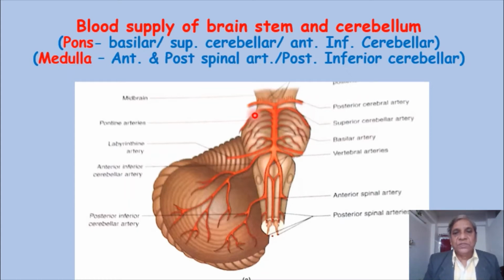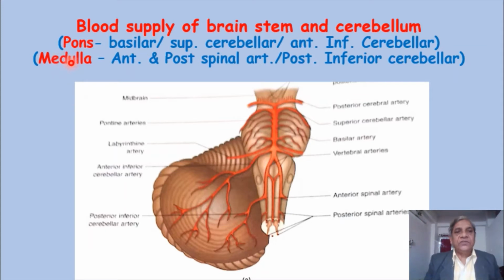So the superior cerebellar and the basilar are the major supply to the pons, and then it is also supplied by the anterior inferior cerebellar, which is designed to supply the superior surface of the cerebellum. So there are three arteries: basilar, superior cerebellar, and anterior inferior cerebellar, which will supply the blood to the pons.